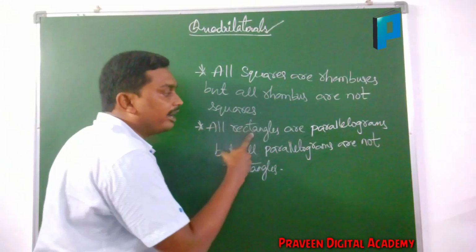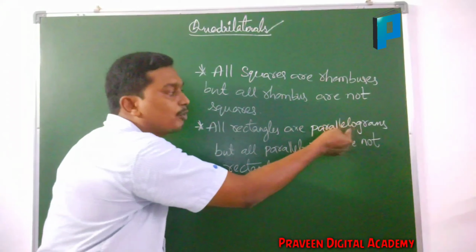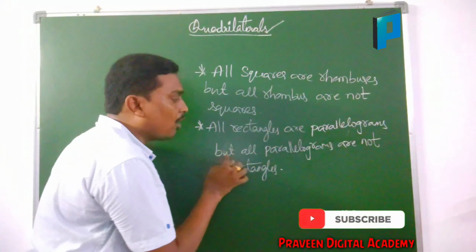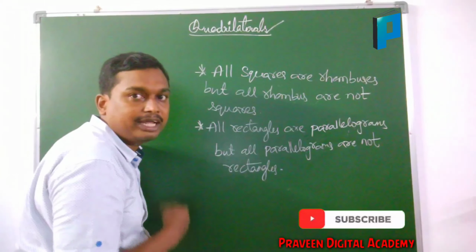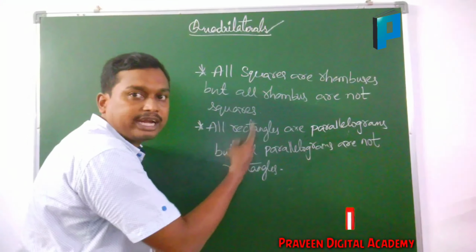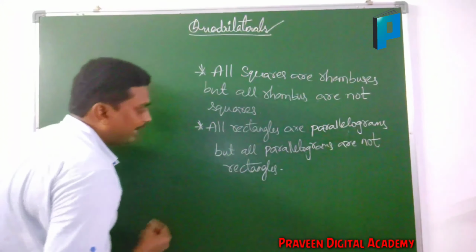All rectangles satisfy the properties of parallelograms, but not all parallelogram properties satisfy the rectangle properties. So we say all rectangles are parallelograms, but all parallelograms are not rectangles.